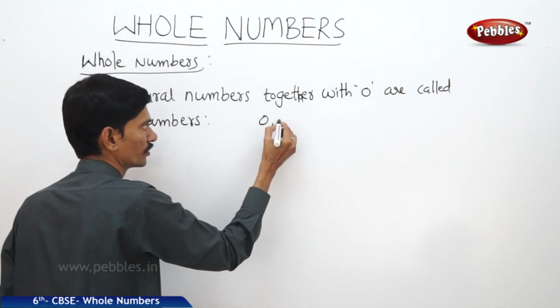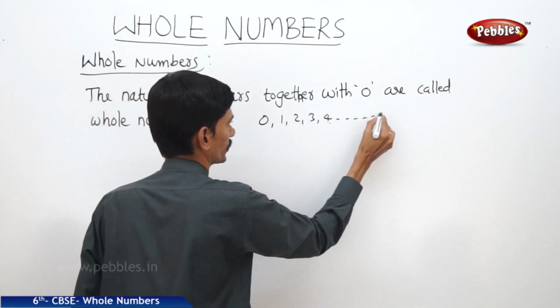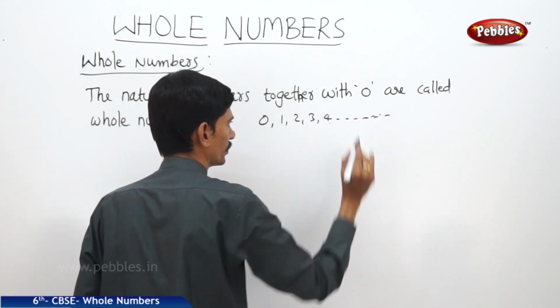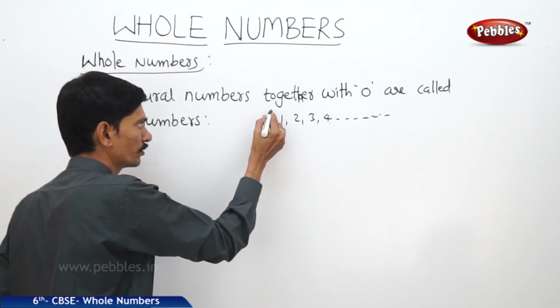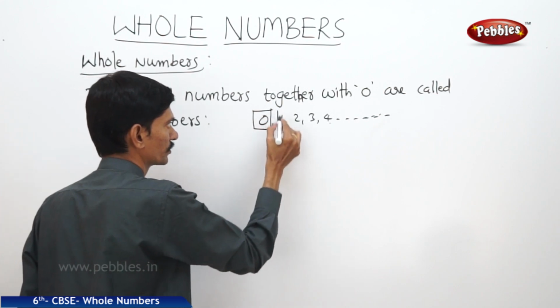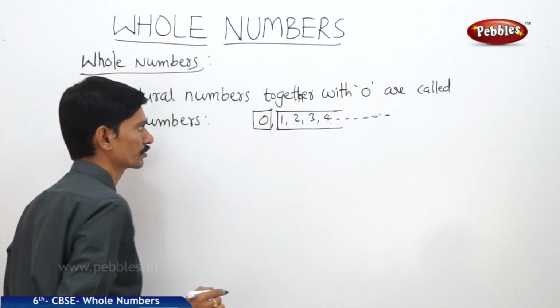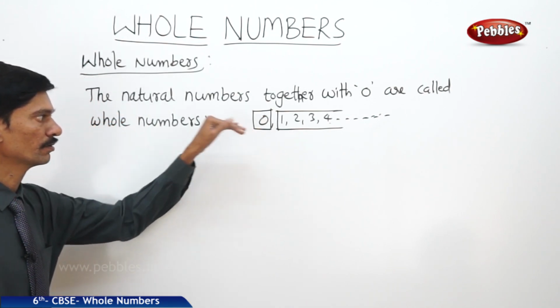So 0 and the natural numbers 1, 2, 3, 4 and so on, these numbers are called the whole numbers. So here 0 is included with the natural numbers. So all these numbers are called whole numbers.